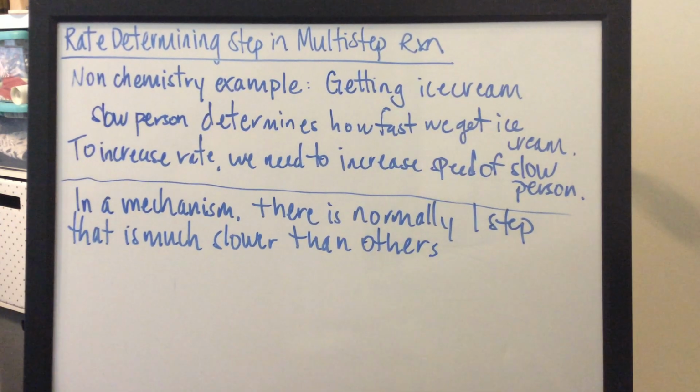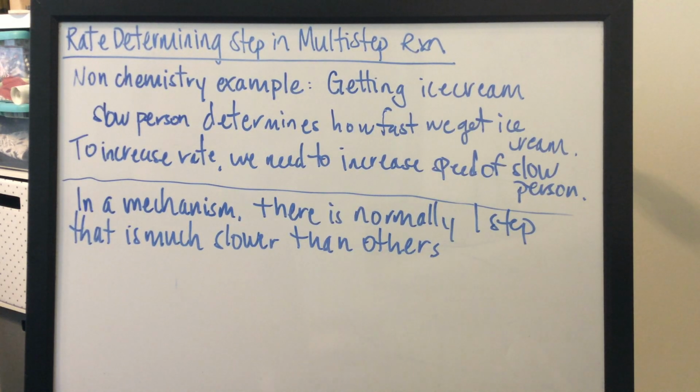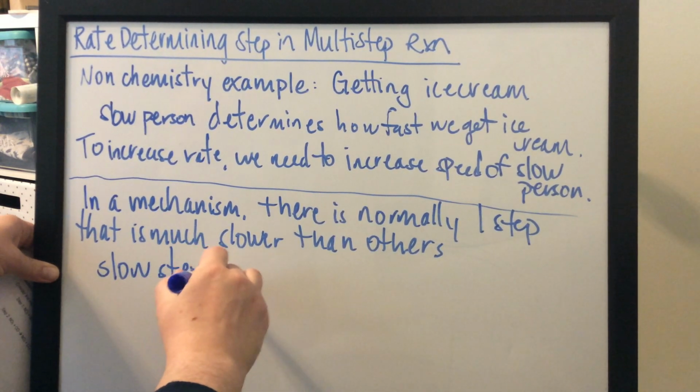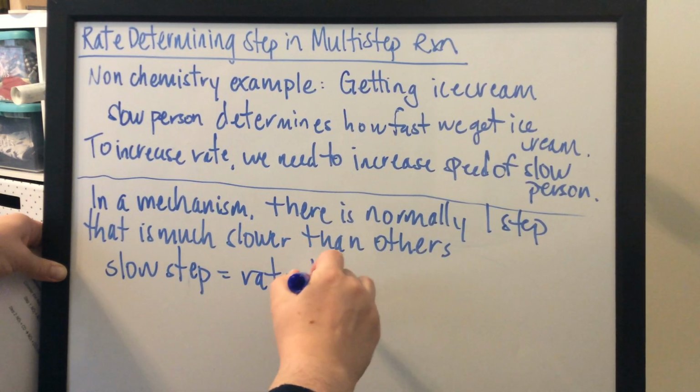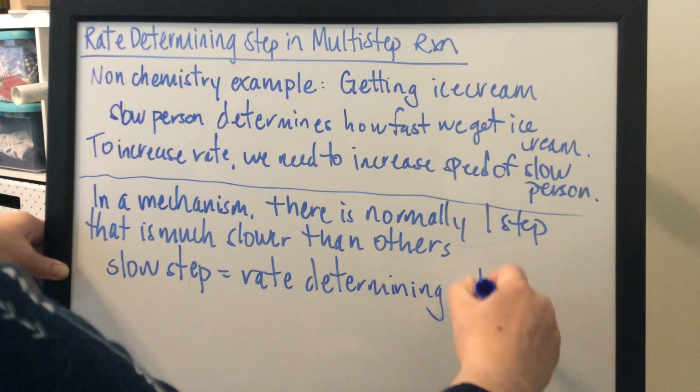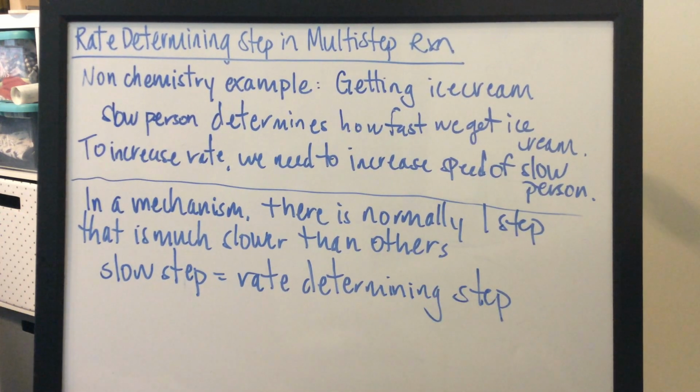Okay, just like our person on crutches. And that slow step is referred to as the rate determining step of the reaction, because it's that slow step that's going to hinder how quickly the overall reaction can take place, just like our ice cream example. Okay.